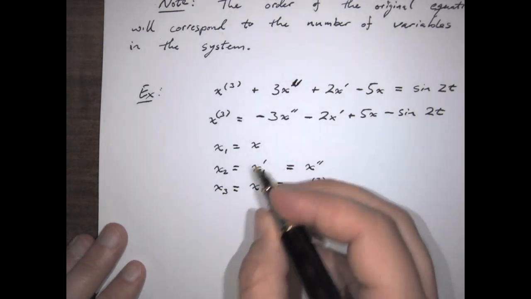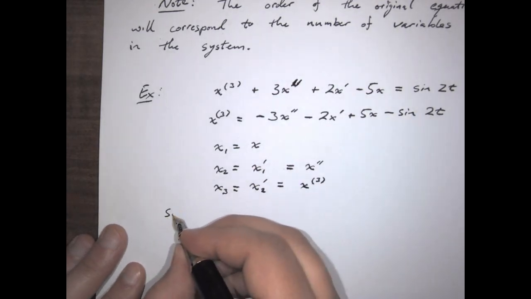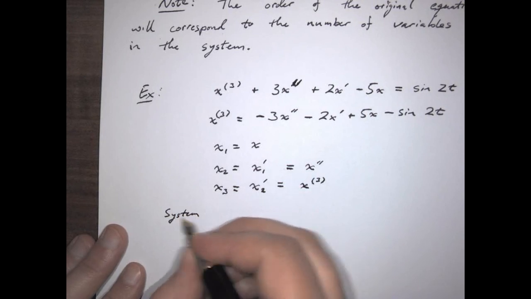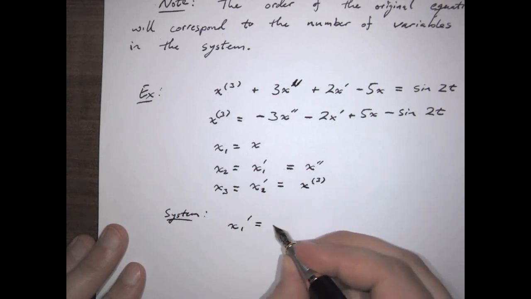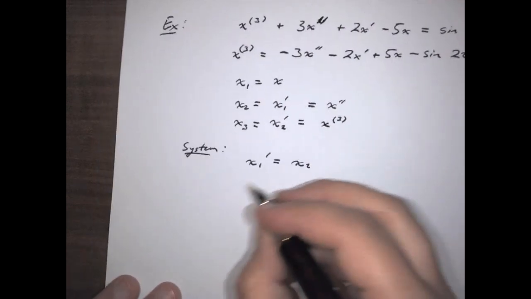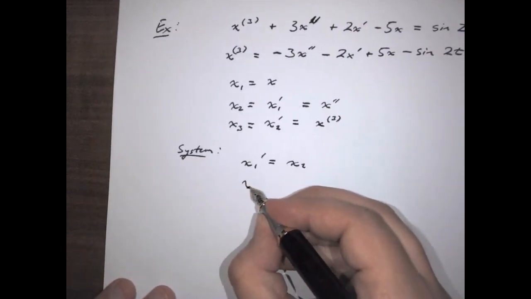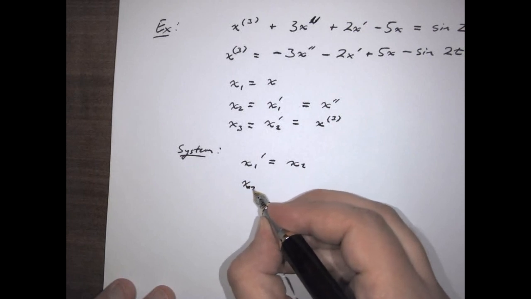Now then, we just rewrite this as the system: x1 prime equals x2.